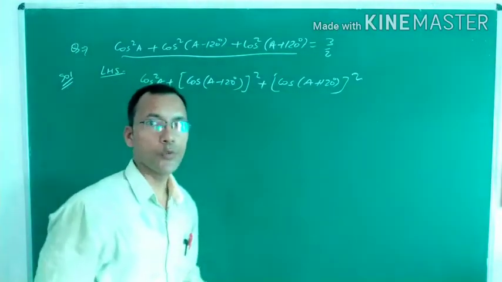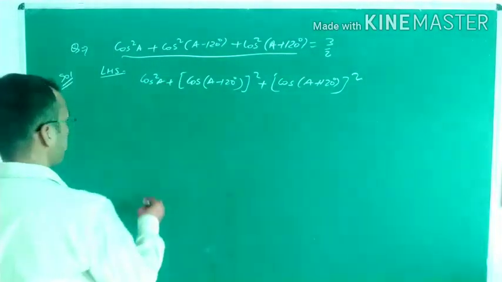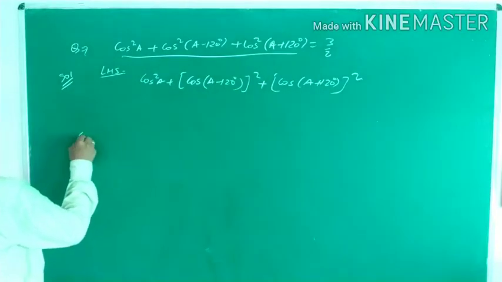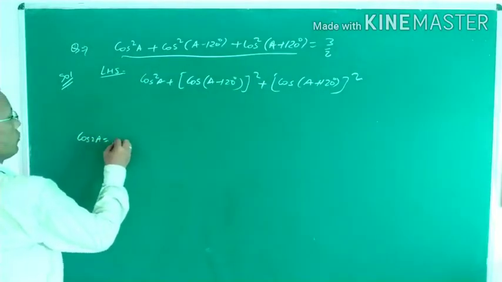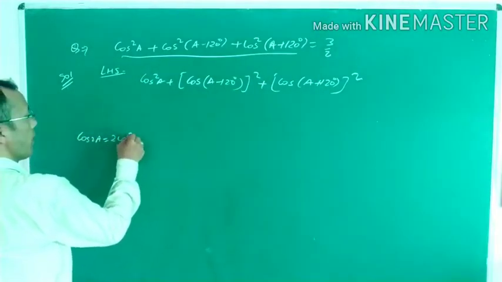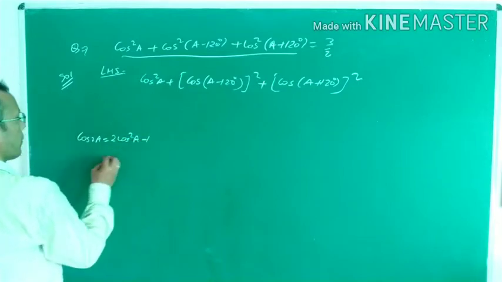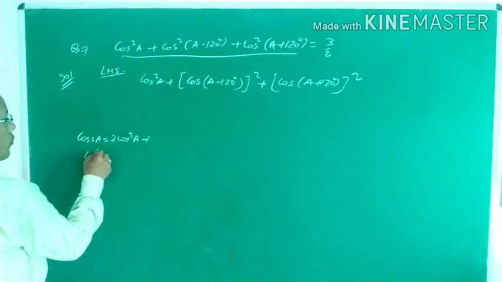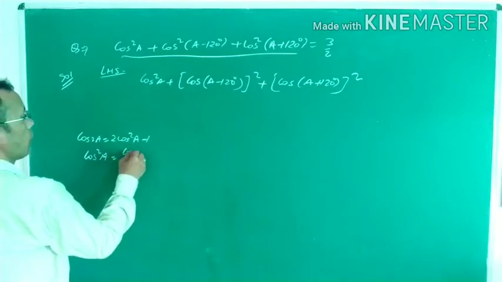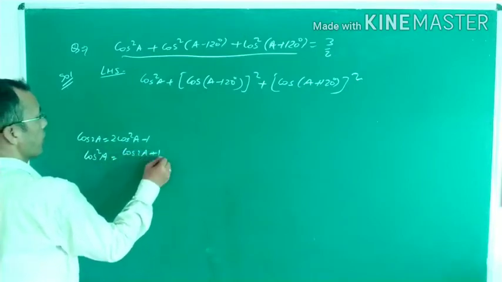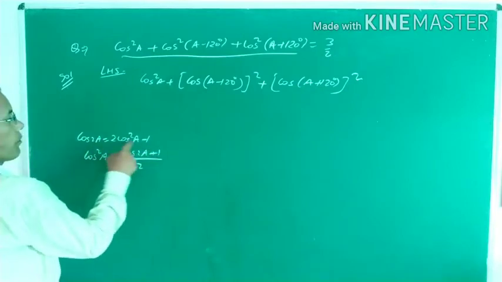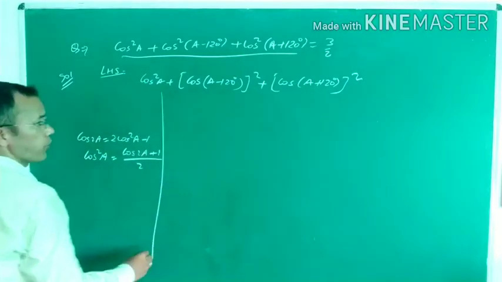The second rule which we have: we know that cos 2A is equal to 2 cos square A minus 1. Then cos square A is equal to (cos 2A plus 1) upon 2. So we can use this also.